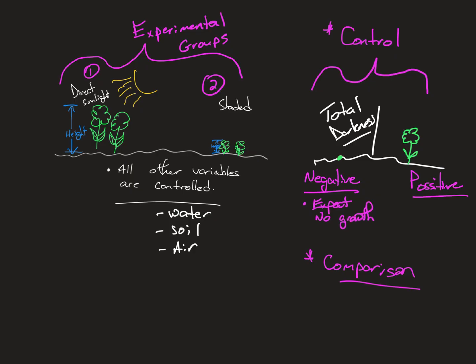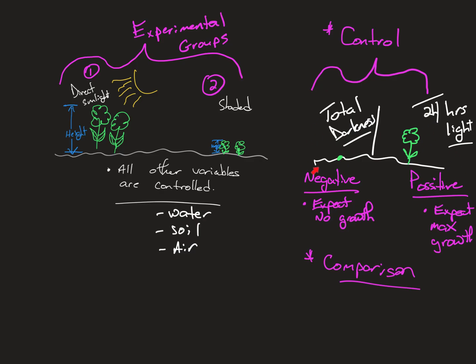You know what? Just for argument's sake, it's 24 hours of light. All right. So here you'd expect to have max growth. Here you'd expect that there would be growth.